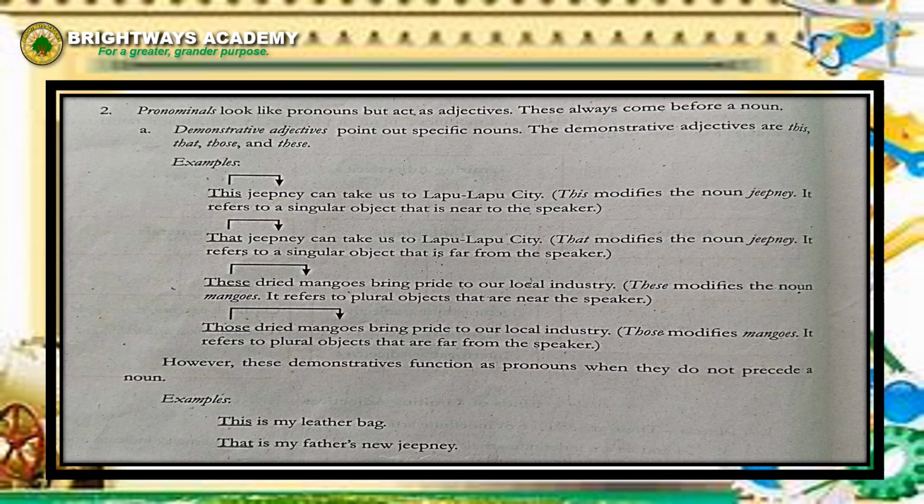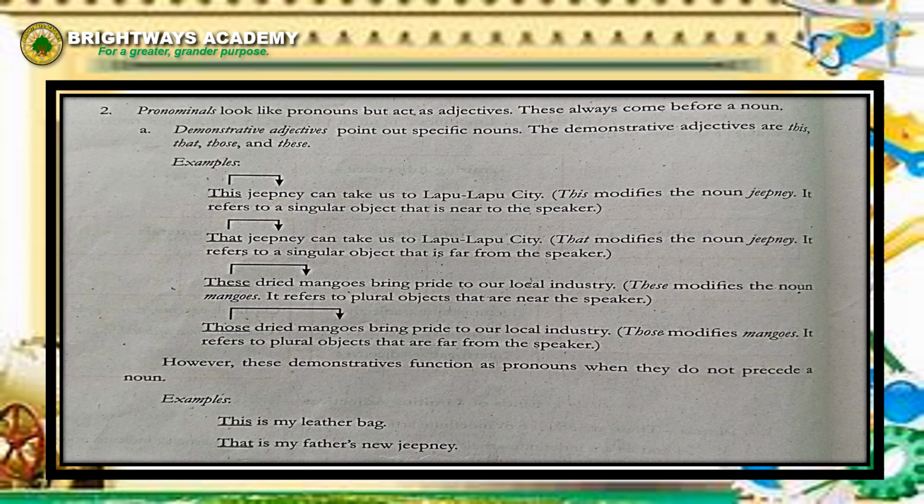The word these modifies the noun mangoes. It refers to plural objects that are near the speaker. So when we say these, it is also near the speaker, but in the plural objects, mangoes.